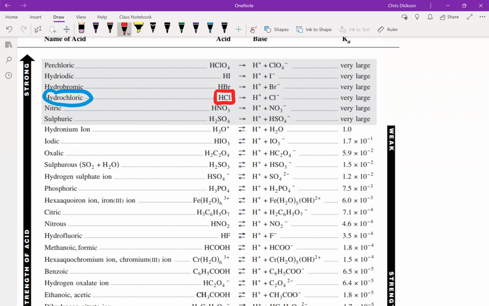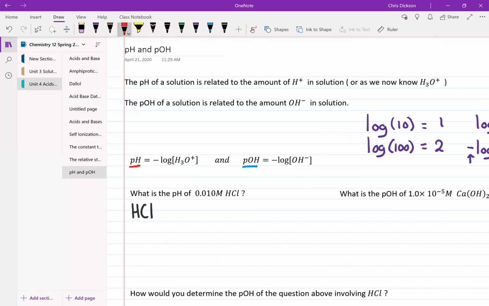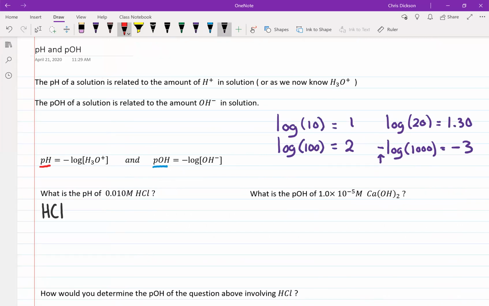So when we go back to our notes here, and we take a look at this reaction, we would see that HCl, when we place it into water, is going to go 100% into hydronium and chloride ions.